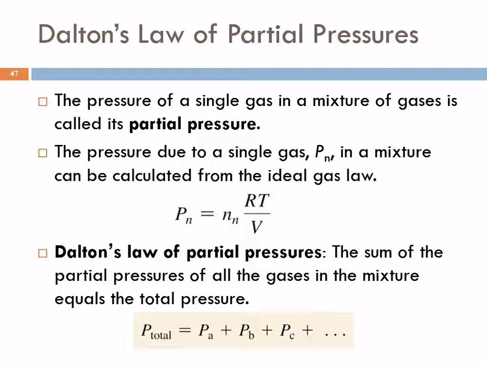Each person exerts their own weight, their own force in the elevator. The total weight of people in the elevator is just the mass of each individual person all added up, right? And so that's how gas partial pressures work. Each gas exerts its own pressure. The total pressure in the container is just the sum of those partial pressures.